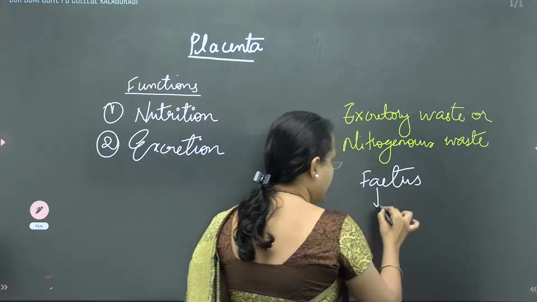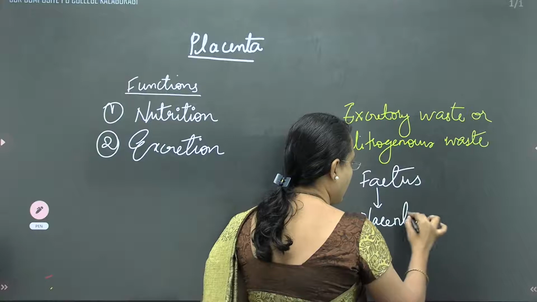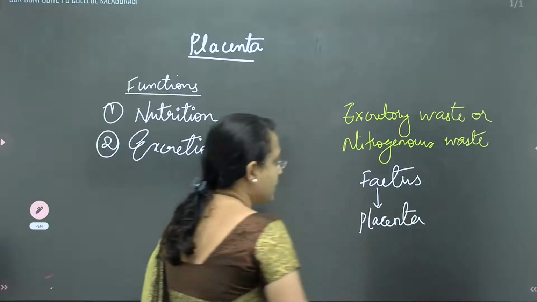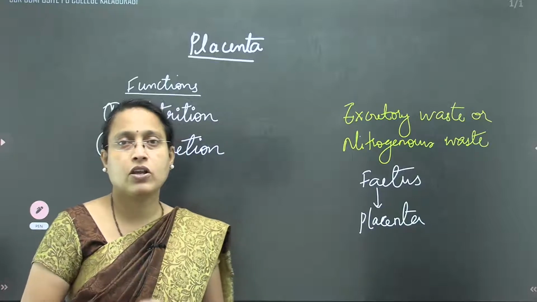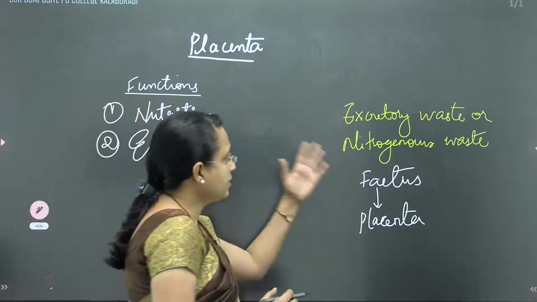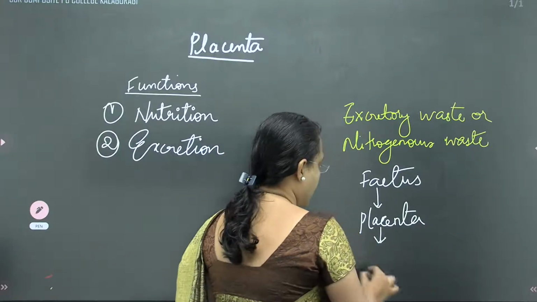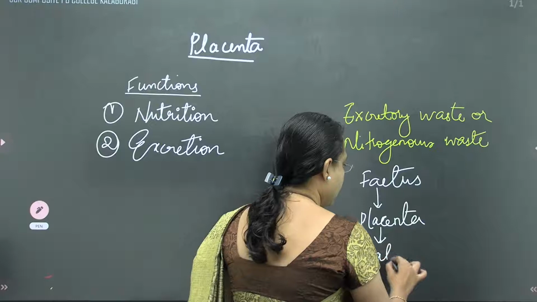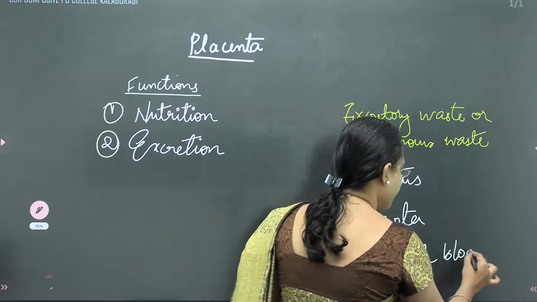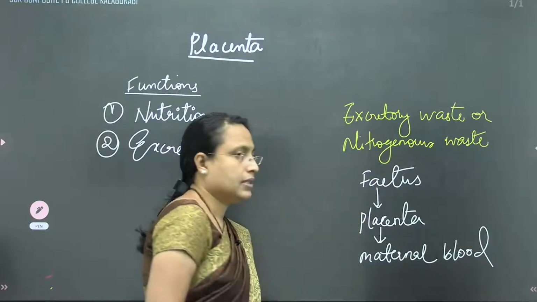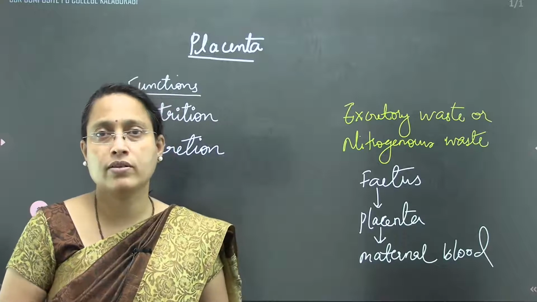This will again be mediated by the placenta, that's why we call it a physiological and physical connection. When I say excretory waste, it is doing some functions of physiological connection. So the nitrogenous waste from the fetus moves into the placenta, and then finally it will enter the maternal blood. That means the maternal blood should also contain fetal nitrogenous waste, apart from her own nitrogenous waste.